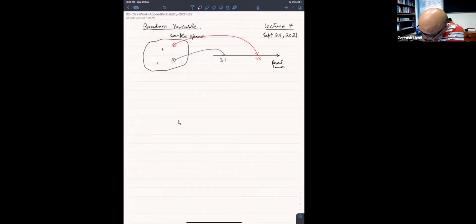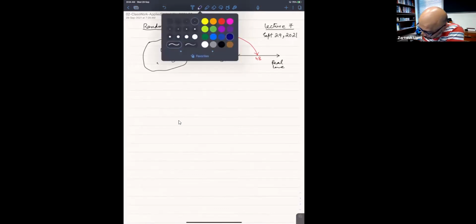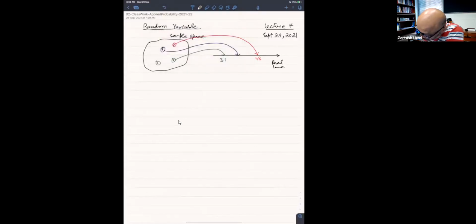And what we can do is we can map these outcomes. When the red outcome occurs, then I will say that there is a number 48. When the green outcome occurs, then we will say that there is a number 31. That variable which encompasses these numbers, we call that a random variable. Similarly, this blue guy, I can map here, and then I can get this brown guy also mapped to the same number.